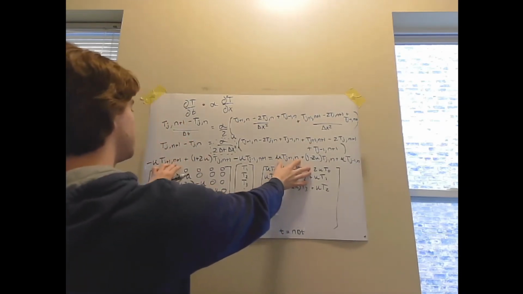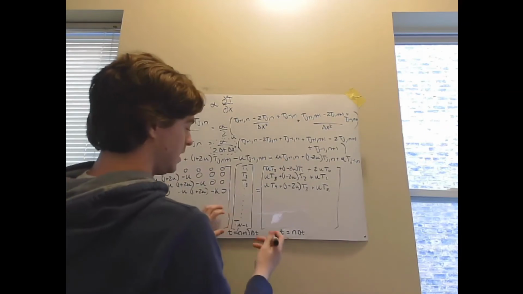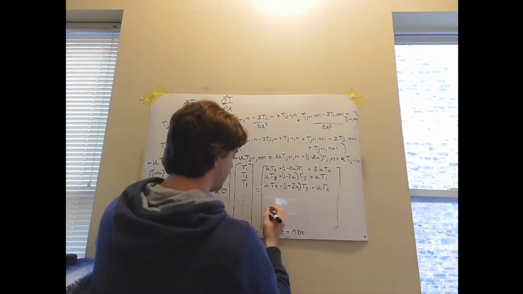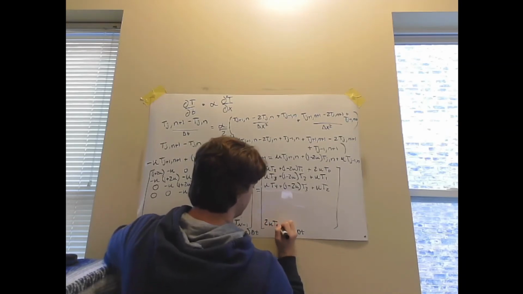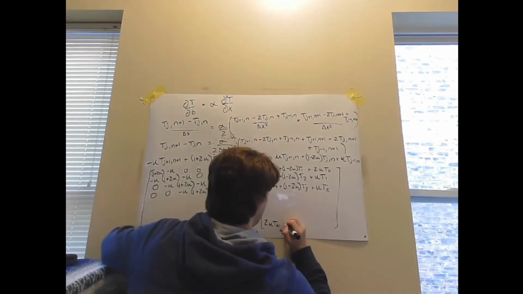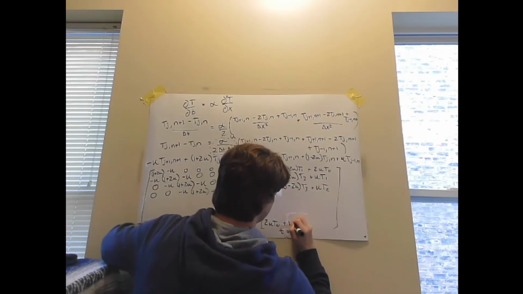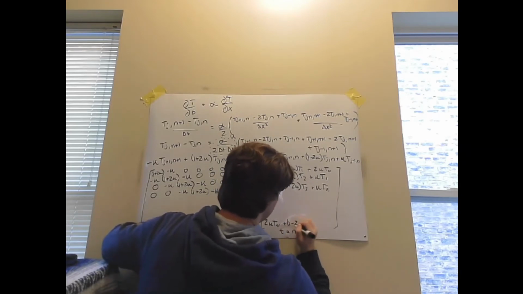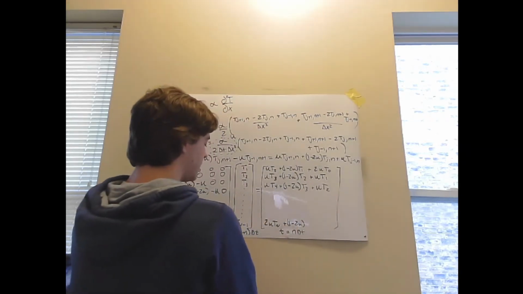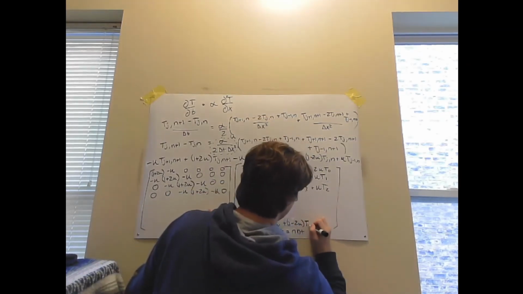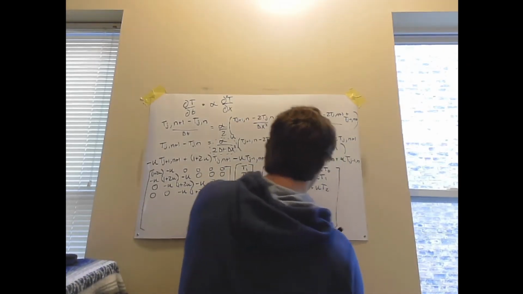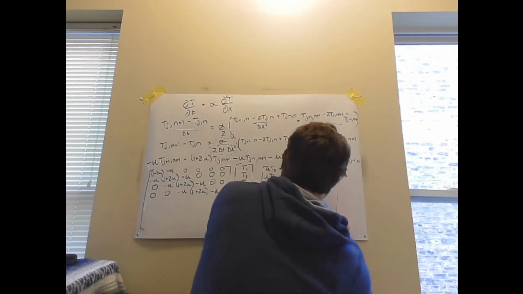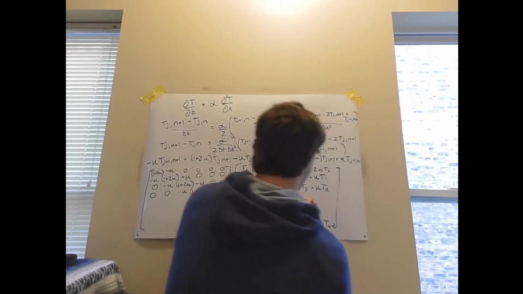So we can move this term over, and so the first term on this side of the matrix is just, again, 2 times u times tn, and then the rest is just going to be the same. We'll still have 1 minus 2u times the current increment that we're at, which is t of n minus 1, and then plus u of the previous increment, which is just t of n minus 2.